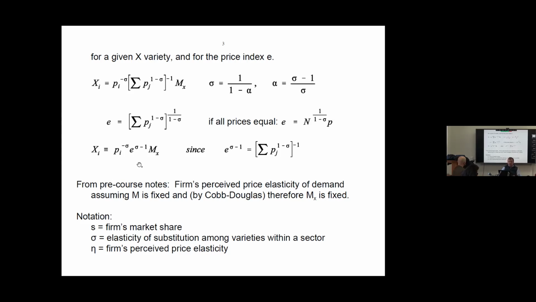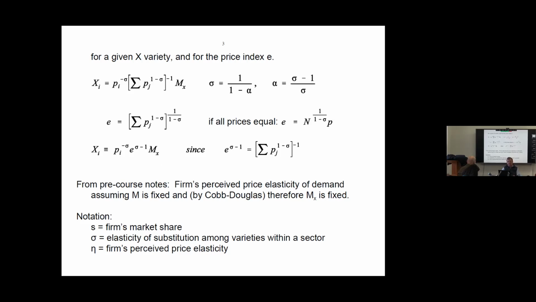For this expression for X, if you multiply both sides of the equation by P and divide by m_x, on the left-hand side you have the share of expenditure on good i, and you'd have P to the 1 minus sigma times E to the sigma minus 1.